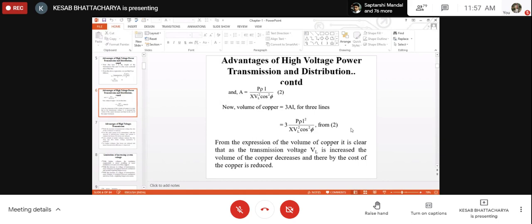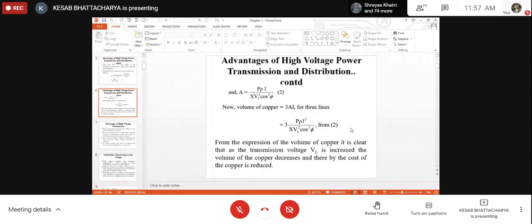Since the volume of copper varies inversely with the square of the voltage, increasing the system voltage will reduce the system cost by reducing the conductor cost in particular. So this is the reason why we go for high voltage transmission.